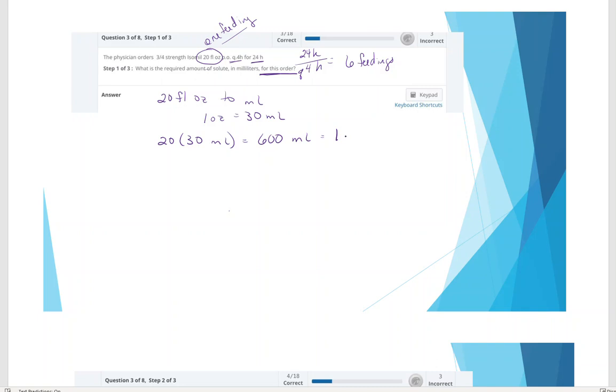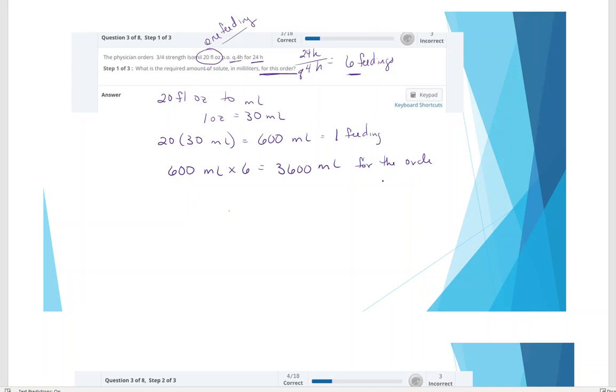But this is one feeding. So I need 6 feedings for the order. So take your 600 milliliters, multiply it by 6, you get 3,600 milliliters for the order.